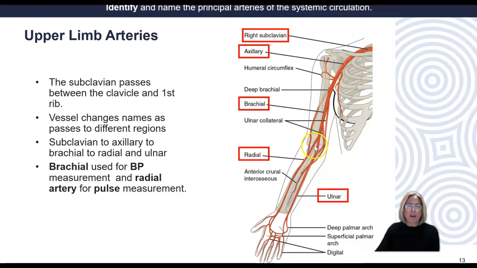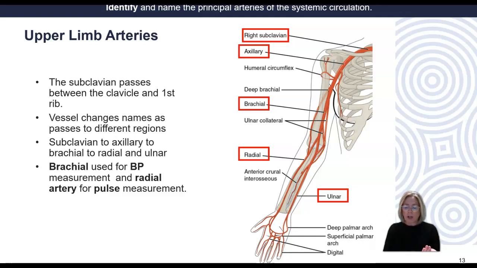At the elbow then, the brachial artery bifurcates to form the radial artery and the ulnar artery. Many of you will know that the brachial artery is used for blood pressure measurement, and the radial artery then for pulse measurement. Now, the radial artery is the most common artery that is used for pulse measurement, but there are lots of places where you can take a pulse.